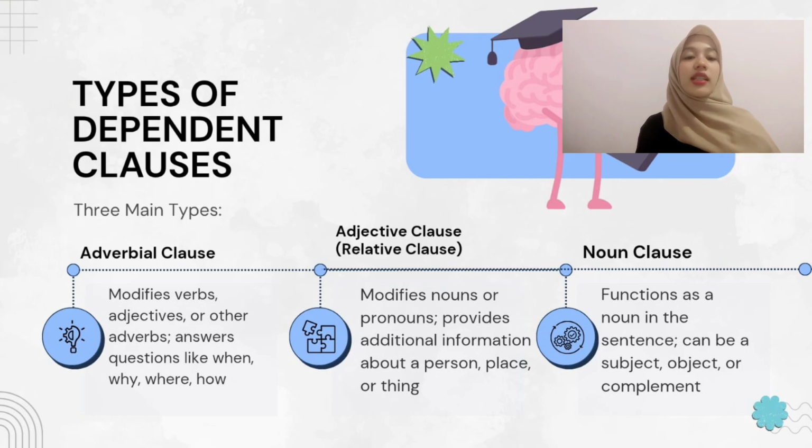It modifies nouns or pronouns. It provides additional information about a person, place, or thing. And the last is noun clause. It functions as a noun in the sentence and can be a subject, object, or complement.